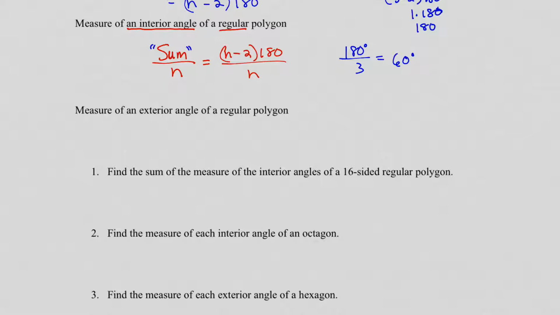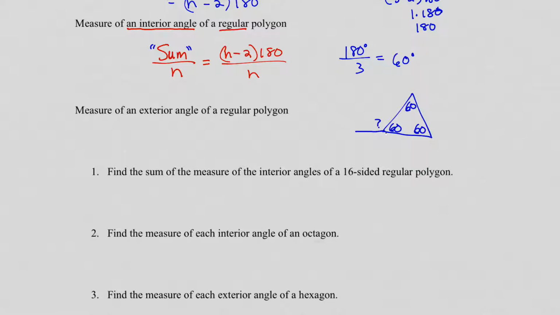Okay, the last theorem, and we get the benefits of the formula, is the measure of an exterior angle of a regular polygon. So what we mean by exterior angle is, let's say this one right here. So we know this is 60, 60, 60.